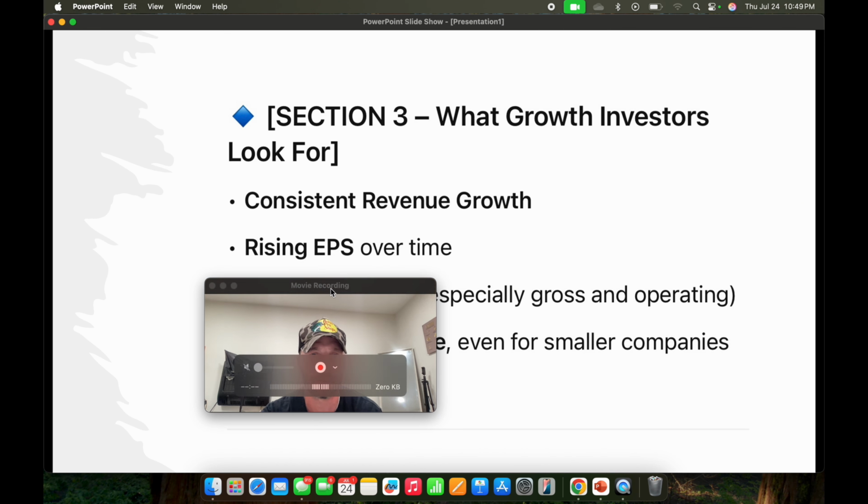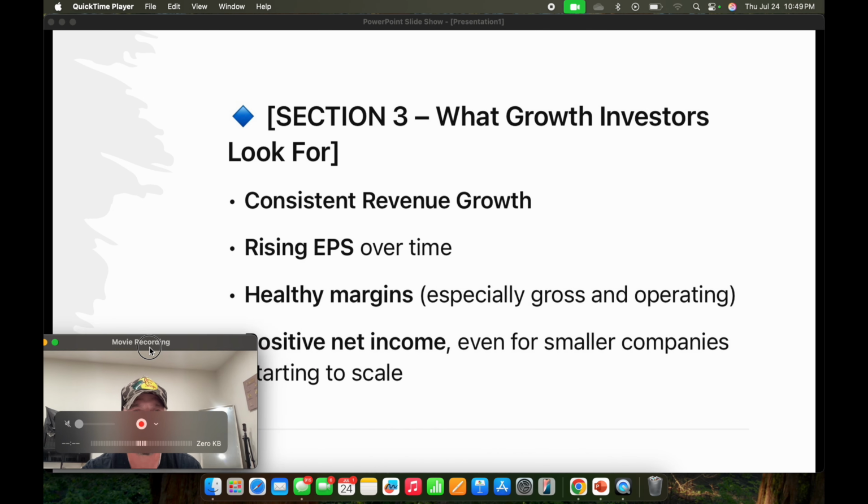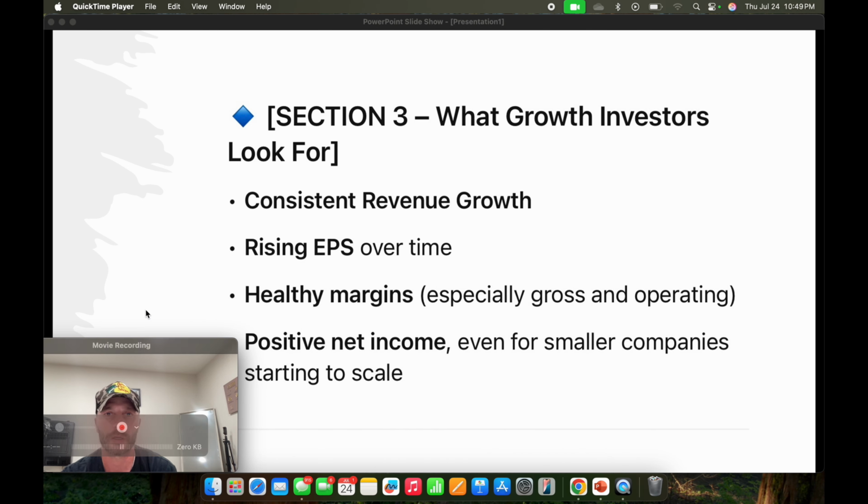All right, section 3. What growth investors look for? Consistent revenue growth, rising earnings per share over time. That's your bottom line, EPS, earnings per share. Healthy margins, especially gross and operating.